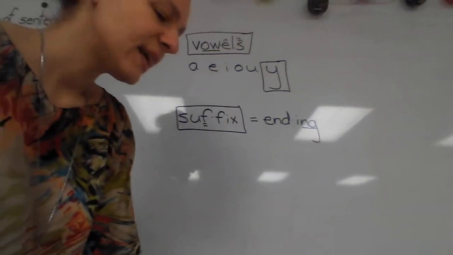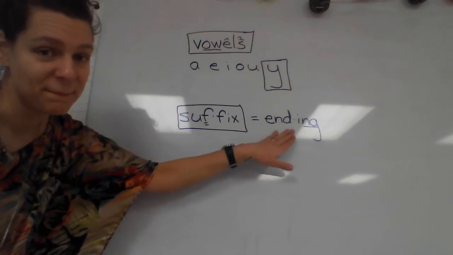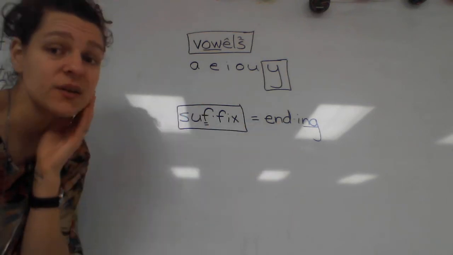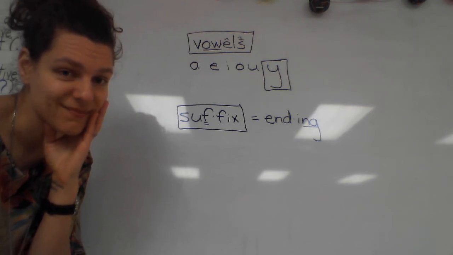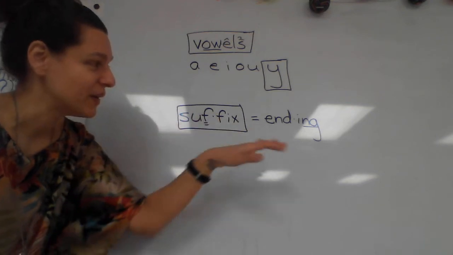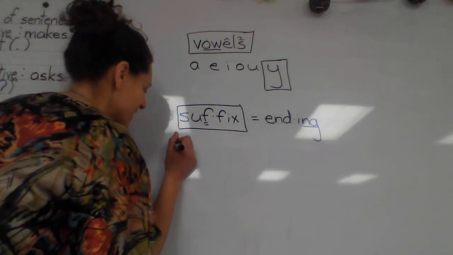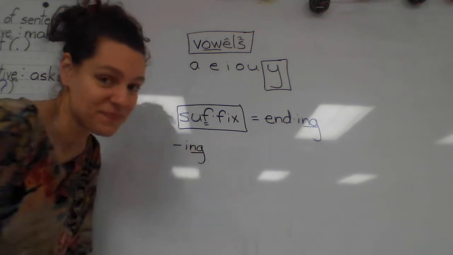All right, class, you told me that a suffix is what? An ending. Can you give me an example of a suffix? Even if you didn't remember any before, I hope everyone at least said this, since I just told you that's a suffix: ing.